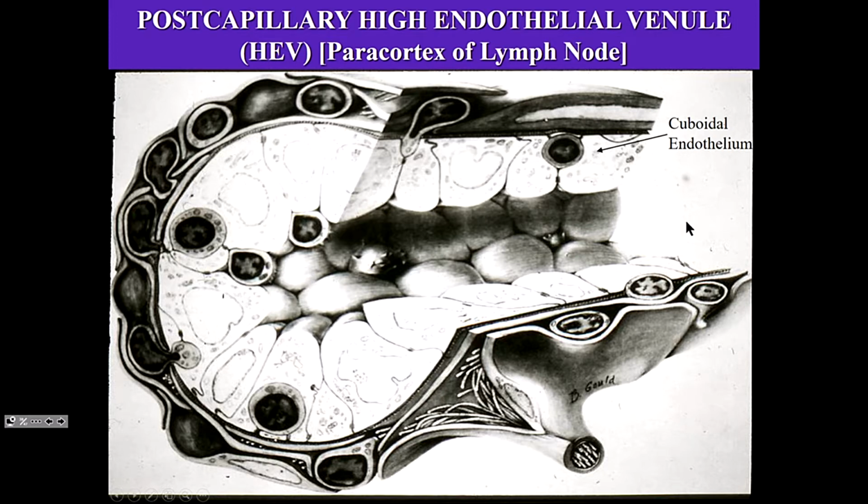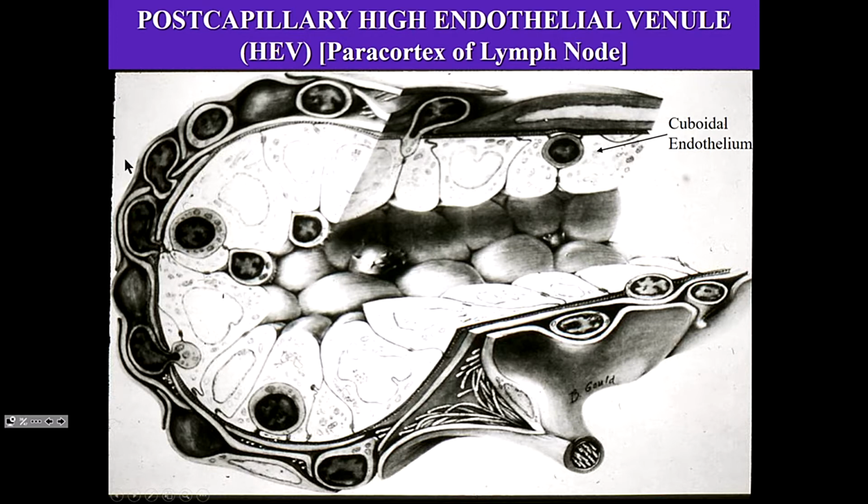And as the blood passes into these high endothelial venules, the lymphocytes squeeze between these endothelial cells and then exit out of these blood vessels into the parenchyma of the lymph node. So that's how the lymphocytes get out into the parenchyma of the lymph node itself, where then they may come into contact with pathogens such as bacteria draining through those sinuses.